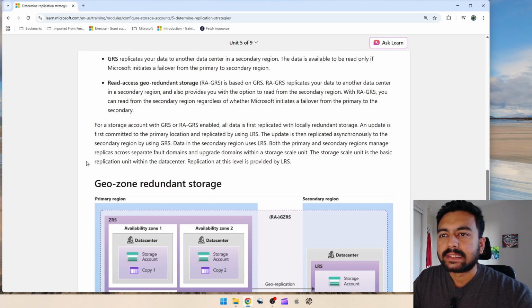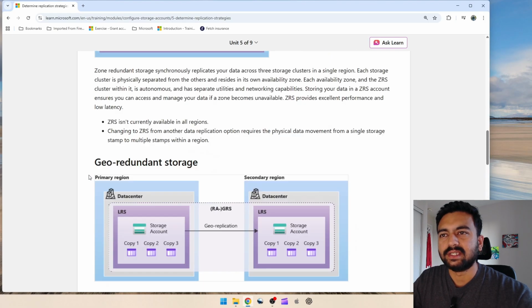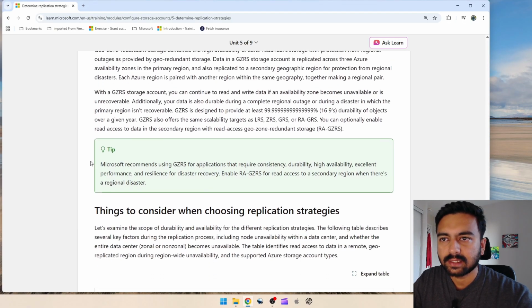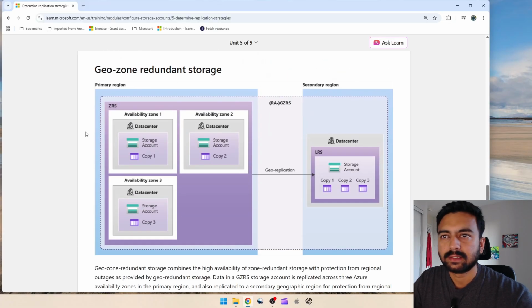What is GZRS? Oh, there's also a GZRS, RAGRS. Oh, there's one of two. So LRS, ZRS, GRS, RAGRS, and there is a GZRS.